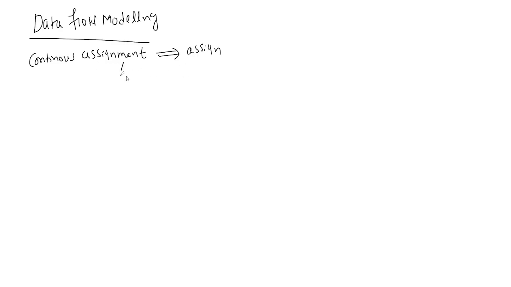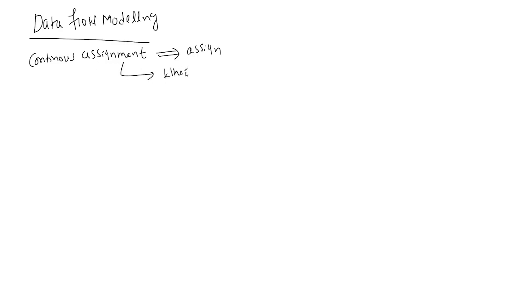Data flow modeling means we need to use a continuous assignment statement. That is a keyword we need to use, called assign. This assignment occurs whenever the value of the right hand side changes. So when the RHS changes, the assignment occurs.